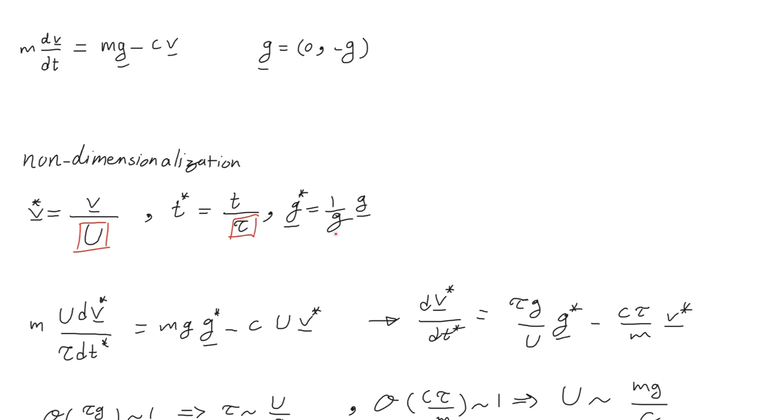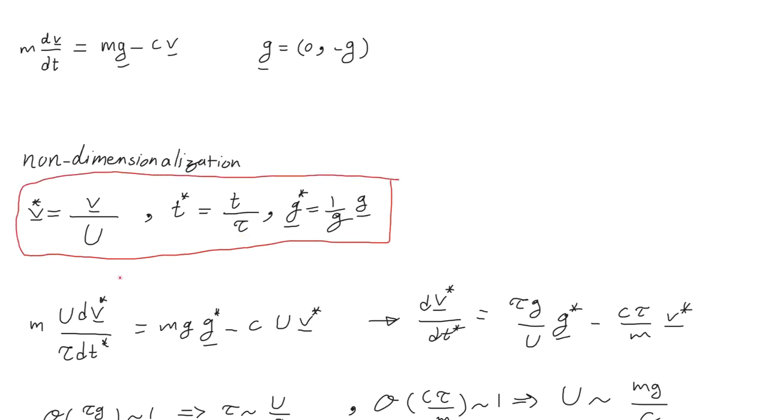We know that the magnitude of the gravitational acceleration is g, so we non-dimensionalize that using the known value. So these will be our new dimensionless quantities that we need to substitute in our original equation.